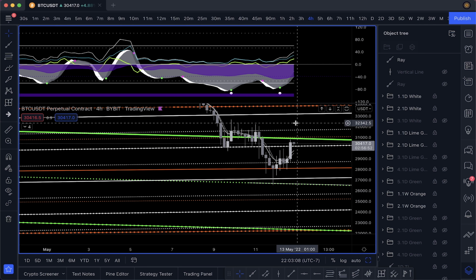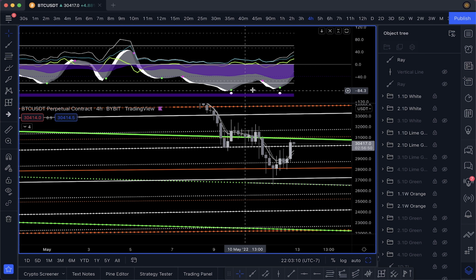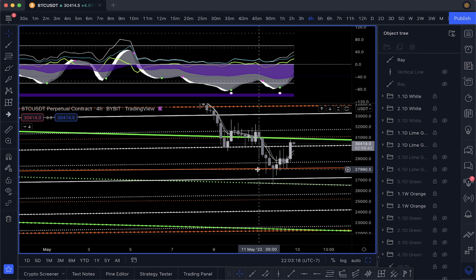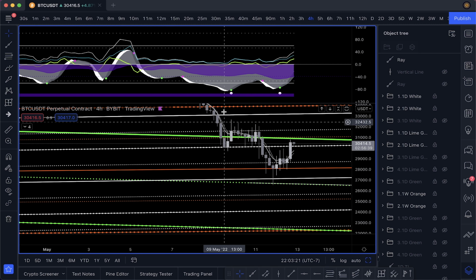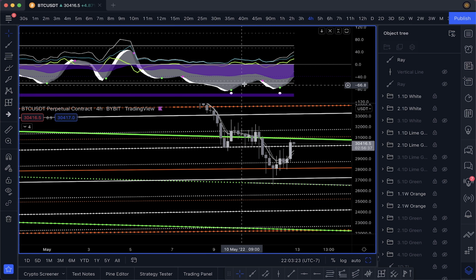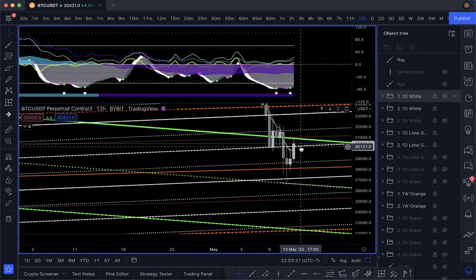But what you want to do is manually check for divergences on your larger time frames. This is for swing trades, guys. Okay, so for a swing trade like this one, you want to check for higher time frame divergences. Okay, we had it on the 4 hour, and I'm pretty sure we have it all the way up.